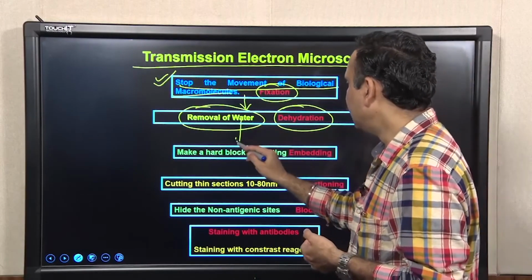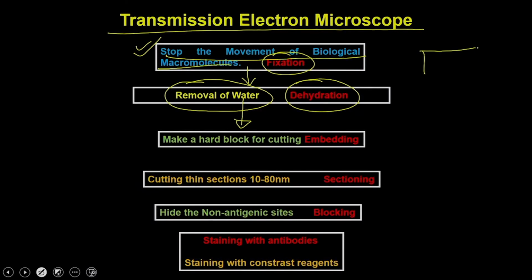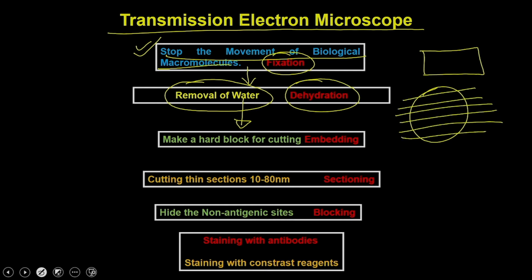After that, suppose this is your cell. It is not possible to illuminate a whole cell and look at it. What you have to do is cut this cell into multiple pieces, so that a single layer of the object is illuminated with the electrons, because these are high energy electrons, but not so high that they can pass through a thick object.